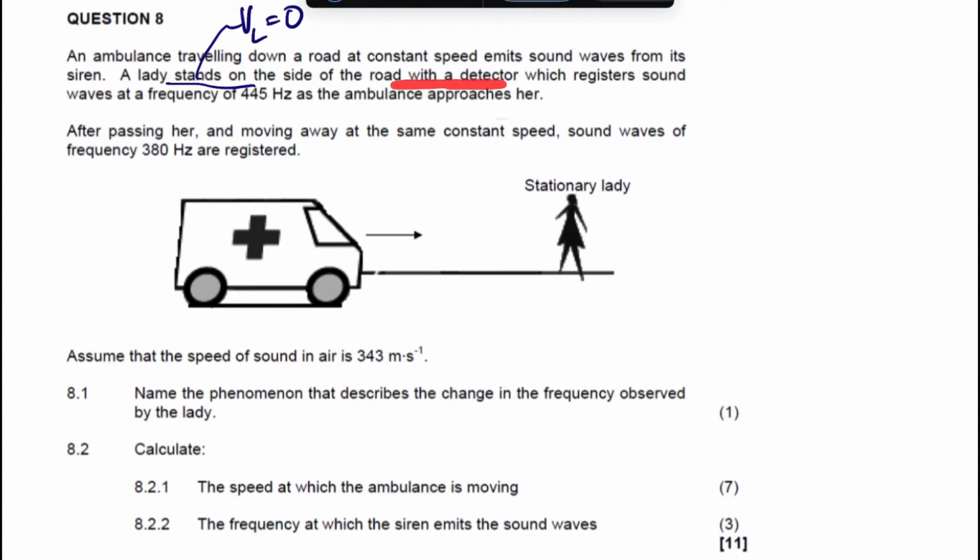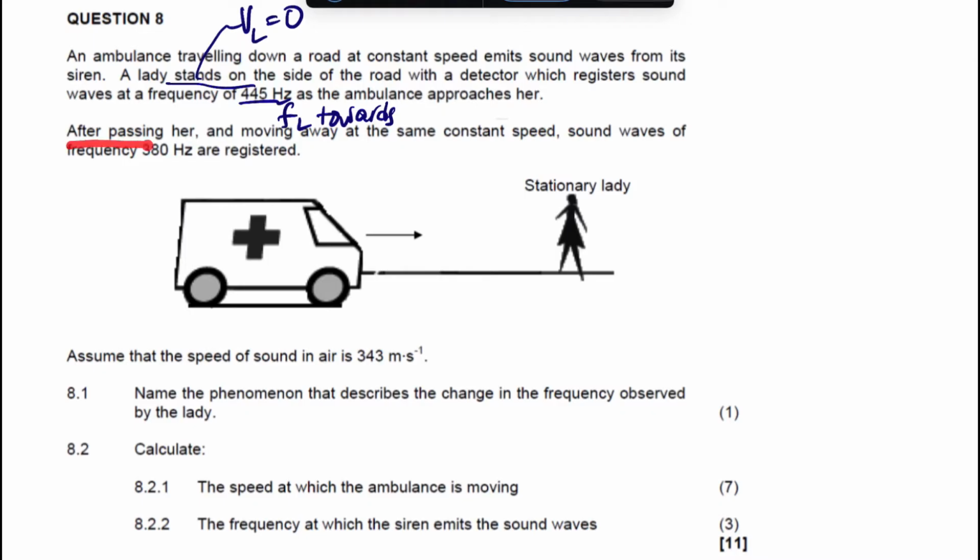The lady is carrying a detector which registers a sound wave of 445 hertz as the ambulance approaches her. So this is the frequency of the listener while it's approaching, which is towards.